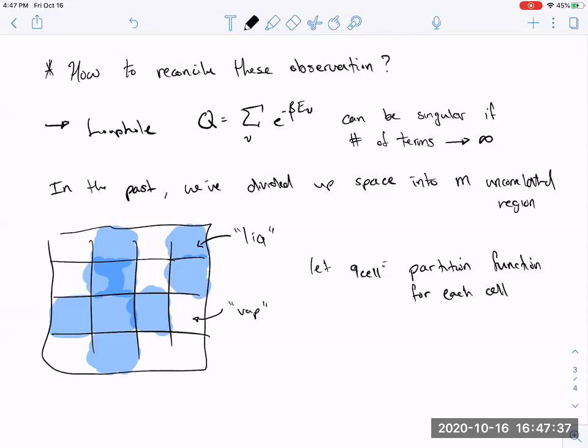So Q cell is some finite number. Which means that even though it's a finite sum of smooth functions, there's a finite number of microstates in any finite size cell. So this must be a smooth function.